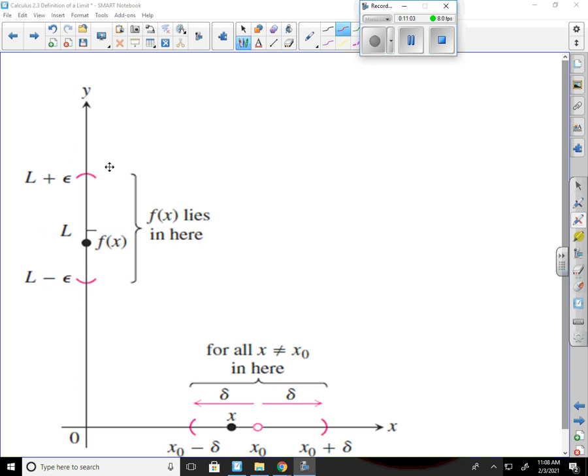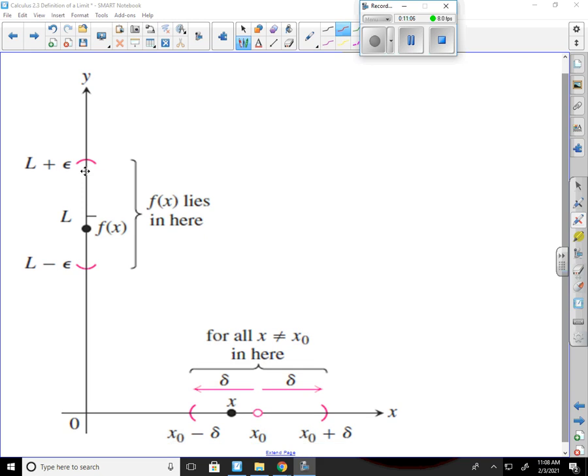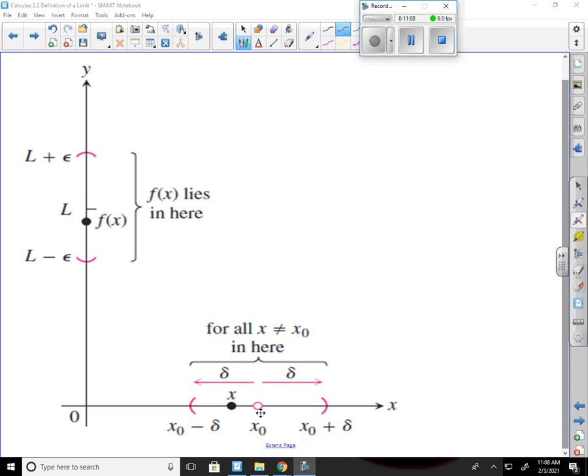And if it has to fall within here, I can do the same thing with my x naughts and my deltas. So that if it falls within here, then it's only going to work for all x that are between these limits here. So this is going to be true for all the x's within this interval.